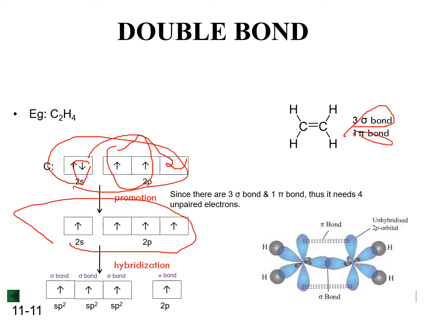Look at the electron group arrangement for each center atom. It is trigonal planar, meaning that the hybrid orbitals involved in the center atom are sp2. So 1 s and 2 p orbitals will mix to form 3 sp2 hybrid orbitals and 1 unhybridized p orbital.